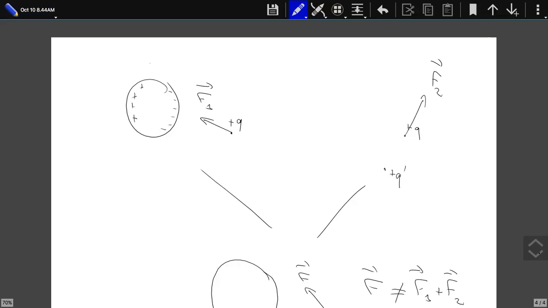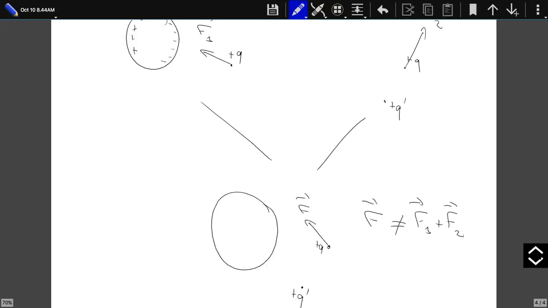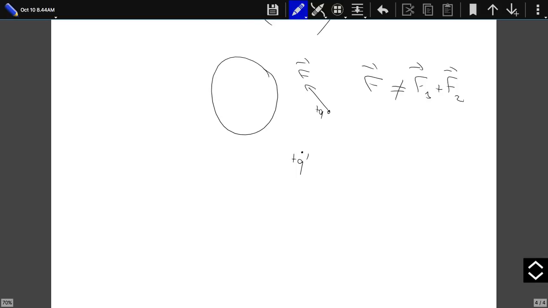F1 is the force that this plus Q charge feels in the presence of the sphere only. F2 is the force that this plus Q charge feels in the presence of only the plus Q prime charge. And when we put both the sphere and the plus Q prime charge together, then the plus Q charge will feel a force which is not the sum of the other two. So this is a breakdown of the superposition principle. Why? At least in this form, the superposition principle doesn't work.